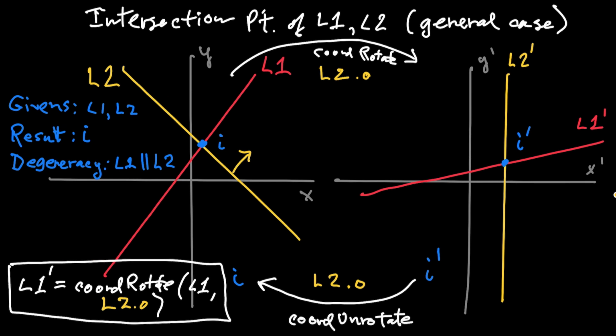So now I think we're done here with the general case. And we can just do that last step I mentioned of rewriting our pseudocode to show that it's L1 prime we have to use in the special case.